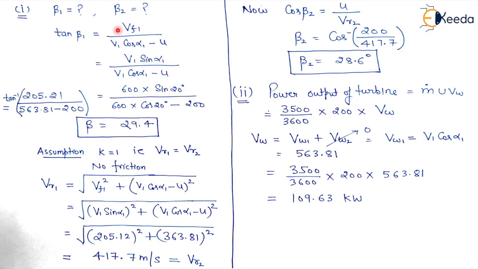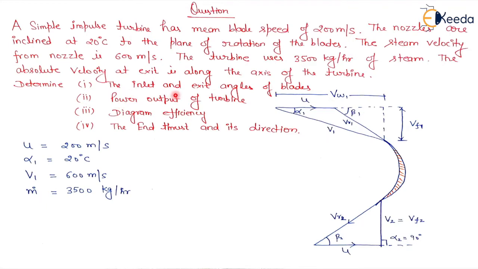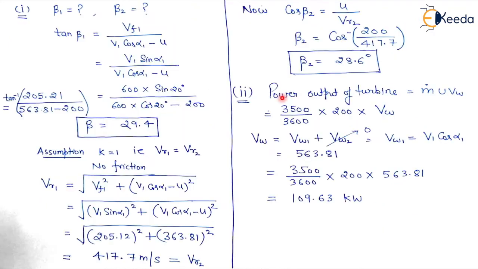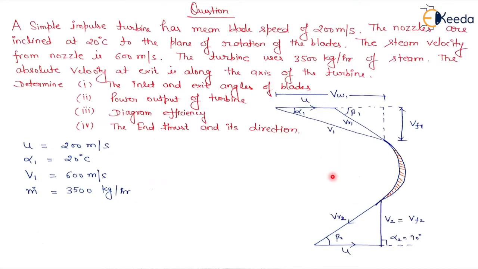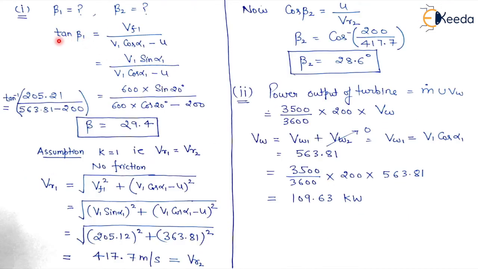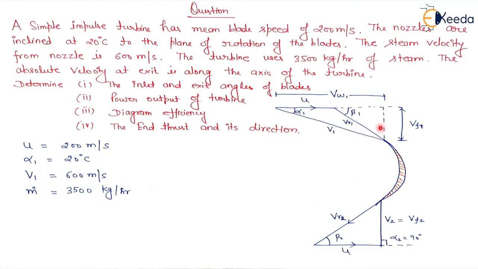Now in this case, we will calculate one by one all the things. First, beta 1 and beta 2, we have to calculate the inlet and exit angle of blade. So from the velocity triangle, we know tan beta 1, and we have to calculate this beta 1. We have given V1, and VF1 is the flow velocity.